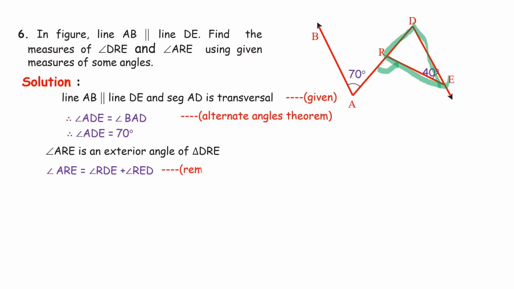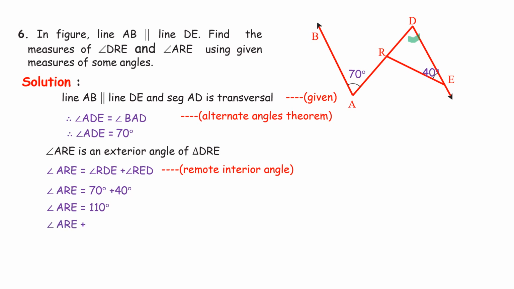Therefore, angle ARE is equal to angle RDE plus angle RED. RDE means this angle plus this. Remote interior angles. ARE is equal to 70 degree plus 40 degree is equal to 110 degree.